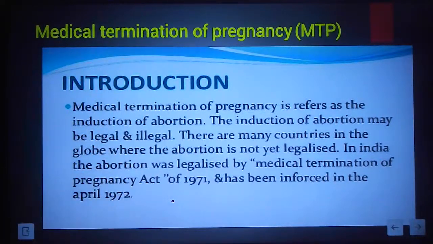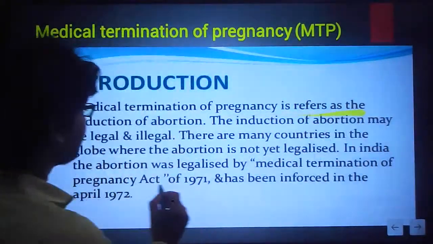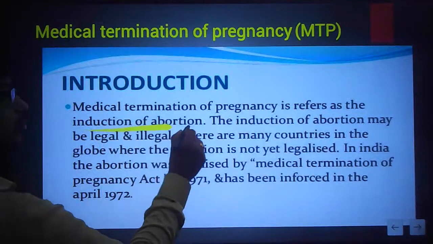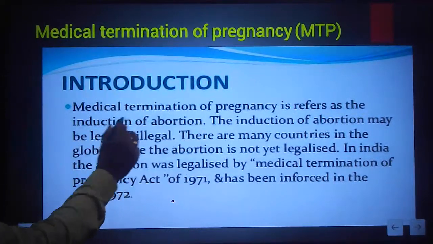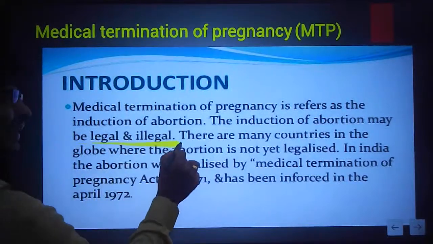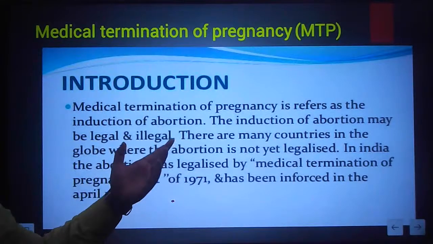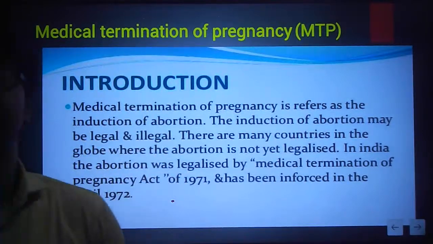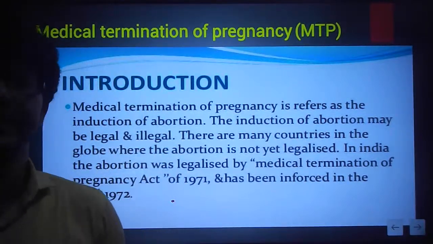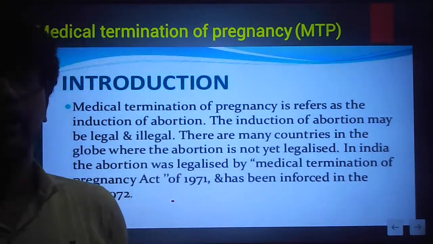So MTP stands for medical termination of pregnancy, and it refers to the induction of abortion, so we call it an induced abortion. The induction of abortion may be legal or illegal. Sometimes they do it illegally too, because in adolescent age a young girl who becomes pregnant experiences a lot of ethical problems and accusations.